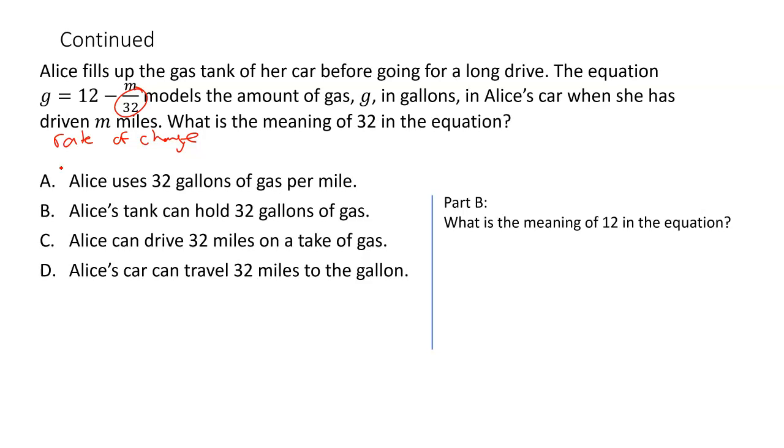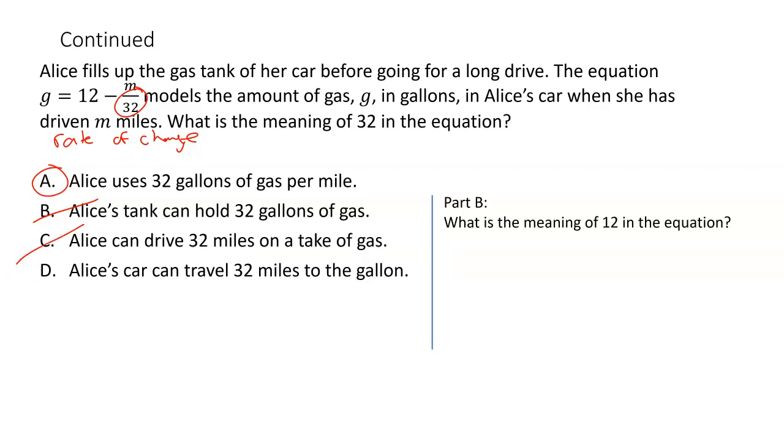Alice uses 32 gallons of gas per mile. Does B represent a rate of change? It can hold 32 gallons? No, because the gas tank's not going to change size, right? So we definitely know it's not B. Alice can drive 32 miles on a tank of gas. Does that represent a rate of change? No, that's just the range, how far she can go. So that's not a rate of change.